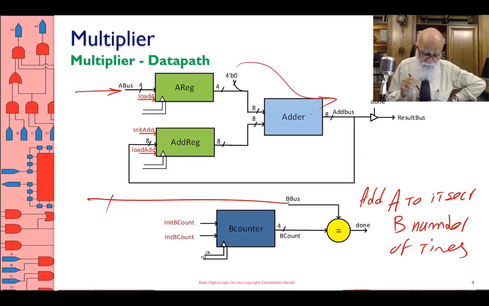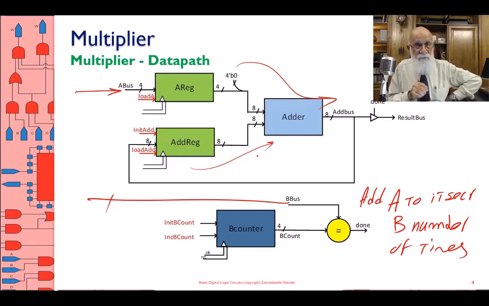The adder takes the A register and initially with 0, adds it to that register and puts it back into this register. The second time, the third time, the fourth time, as this is happening, a counter is counting the number of times that this add is happening.